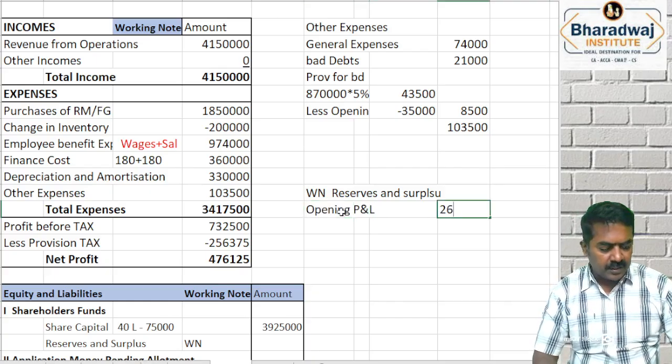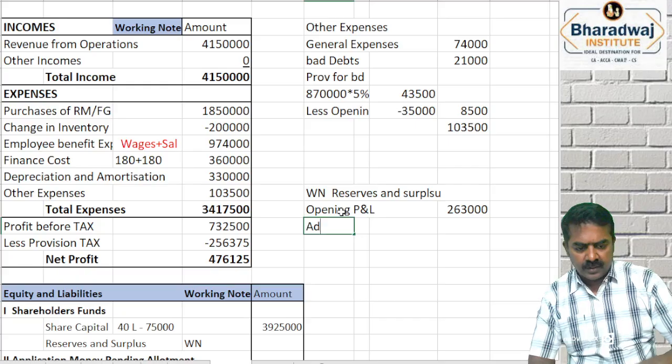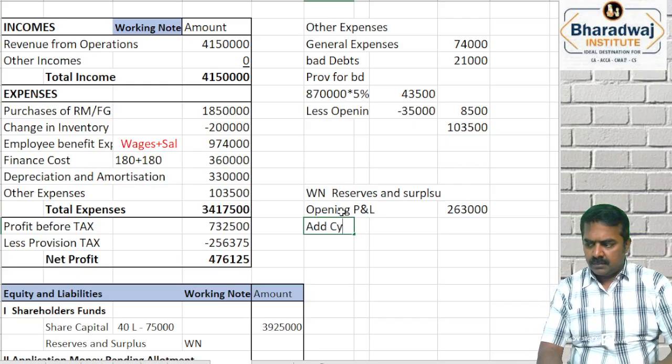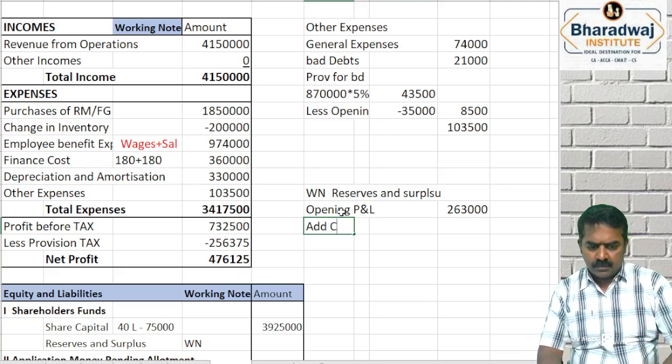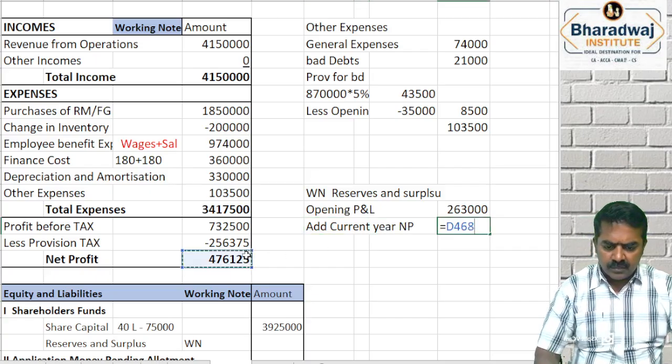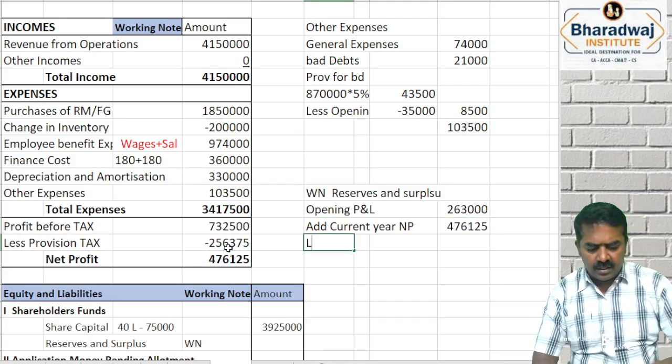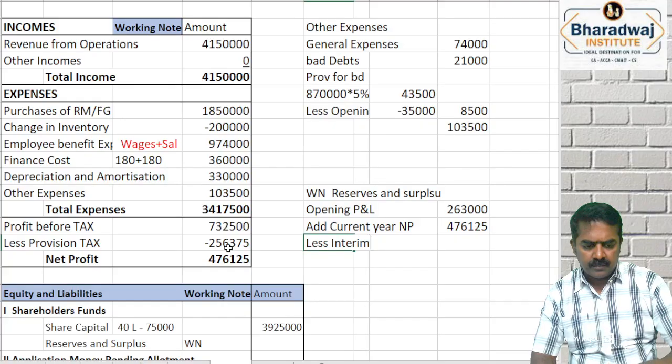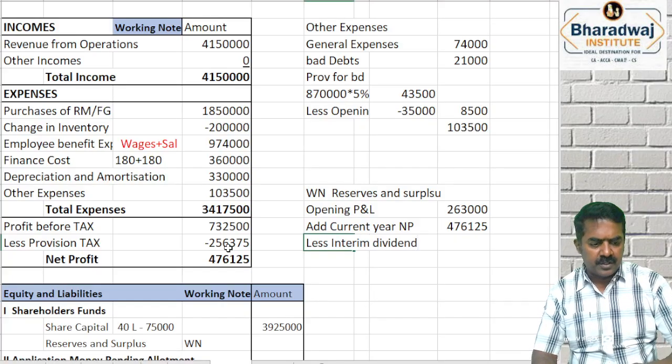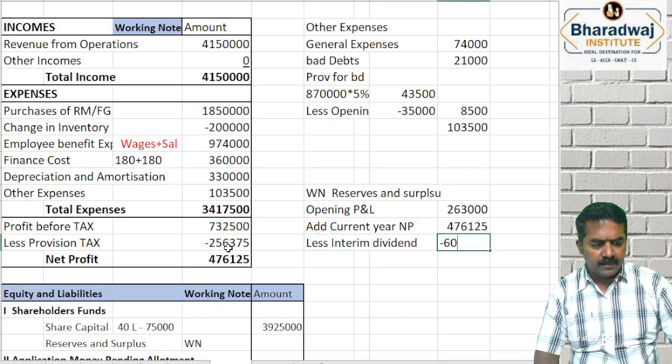Add current year net profit. Minus interim dividend paid. It is not a proposed dividend, it is interim dividend already paid: 6 lakhs. So net amount will come.